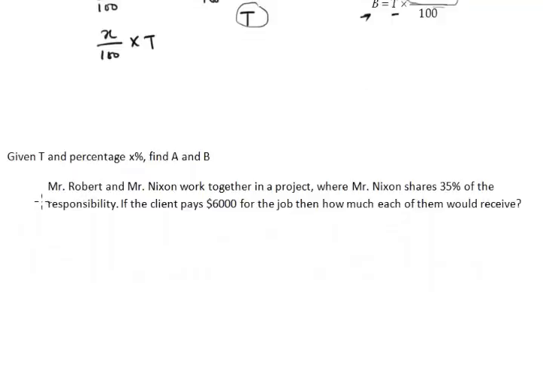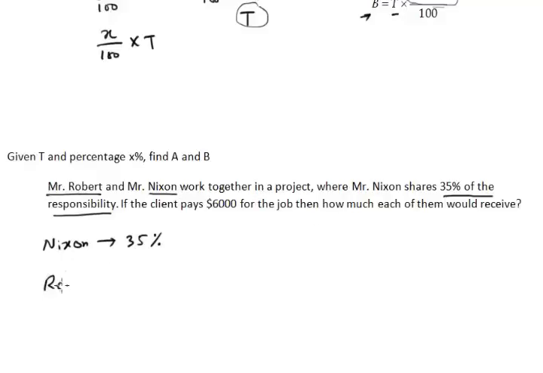Here, the first example is Mr. Robert and Mr. Nixon work together on a project where Mr. Nixon shares 35% of the responsibility. So Mr. Nixon's responsibility is 35%. Since 2 of them work on the project, the rest of the responsibility is on Mr. Robert.